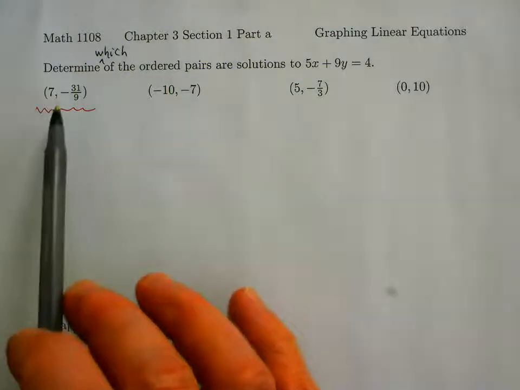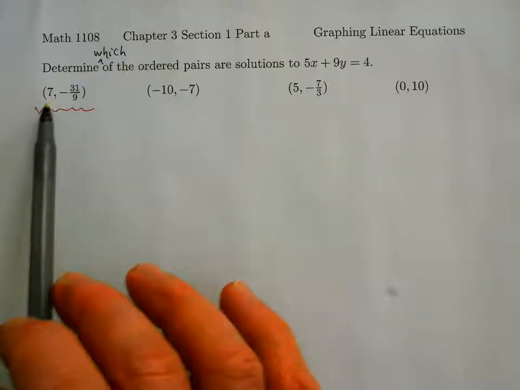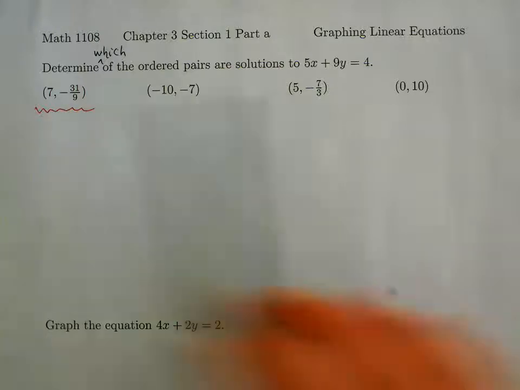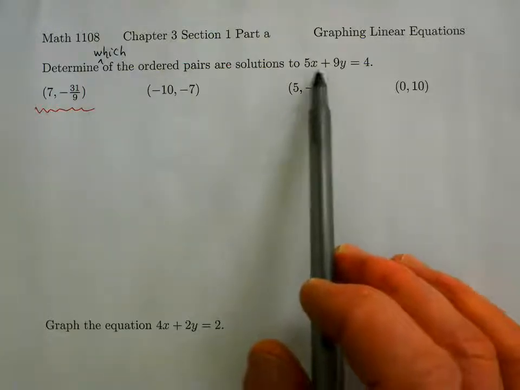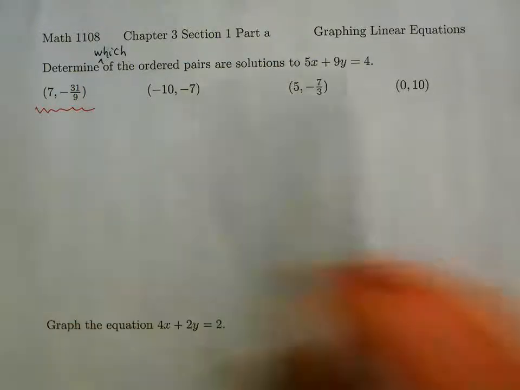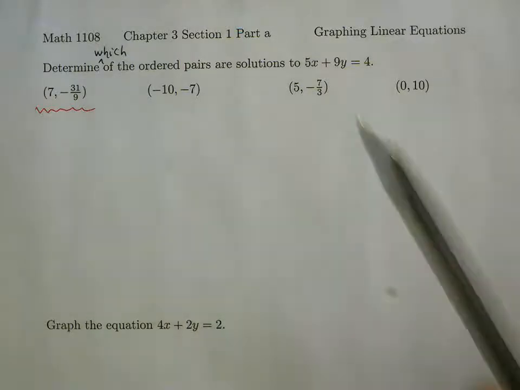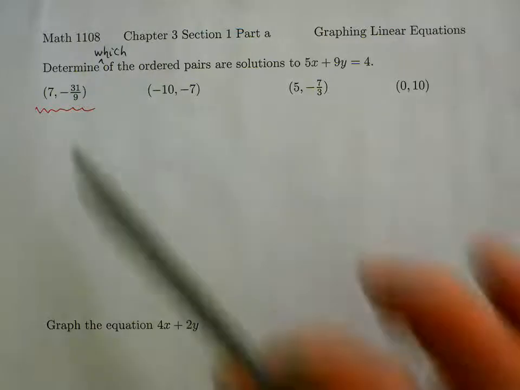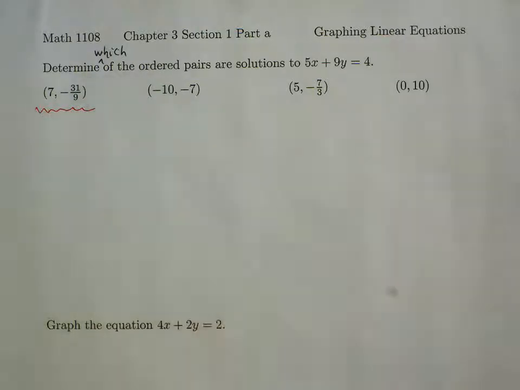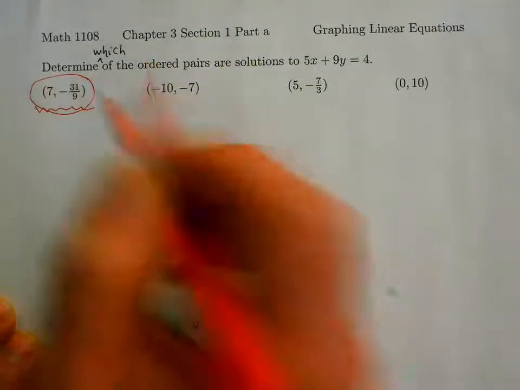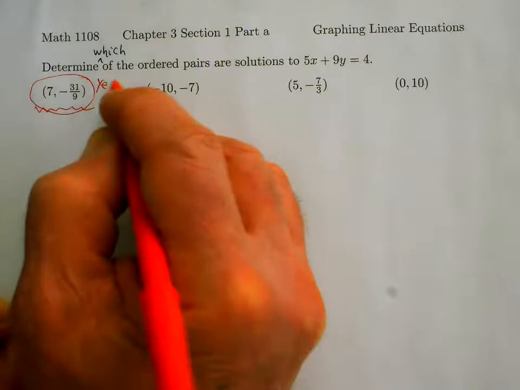Since this ordered pair has an x coordinate of 7 and a y coordinate of negative 31/9, what you do is you replace x with 7, replace y with negative 31/9. If the resulting equation is true, then that ordered pair is a solution. So a few days ago, we discovered that this ordered pair is a solution.